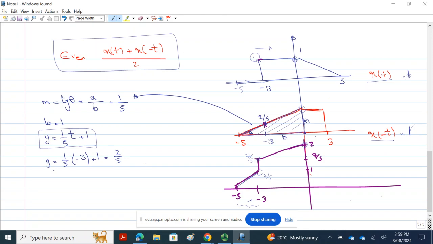Yes, I need to mirror it because we are calculating the even part, and the even part is symmetrical about the y-axis. So I can be confident that the other side is going to be 3, and that's 5. So here I reach this point, and then I go up to this point.